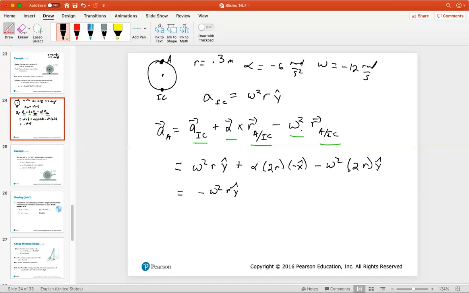I get a plus 1 here and a minus 2 there, so I get a negative 1 times omega squared r y hat, and I get minus 2 alpha r x hat. Does that make sense? Well, let's think about it.